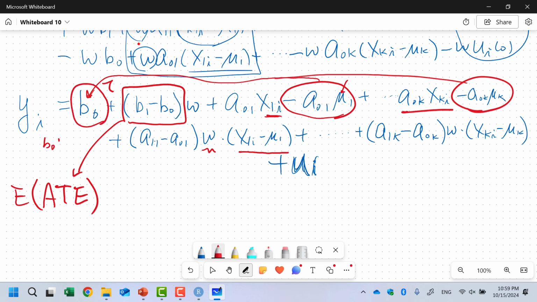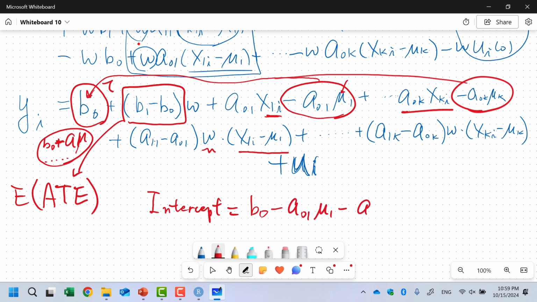You will have b0 plus minus a and mu and so on. So you will have a lot of them. That will be the intercept. So in this regression, the intercept will not be b0, it will be b0 minus a01 mu1 minus dot dot dot minus a0k mu k, right?